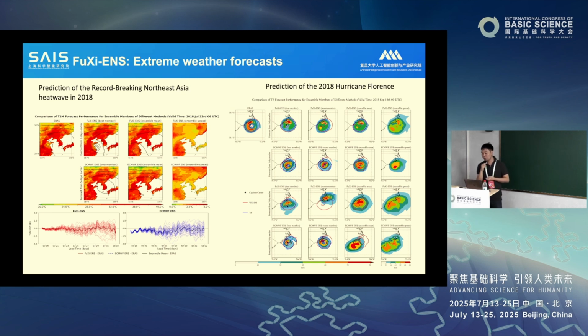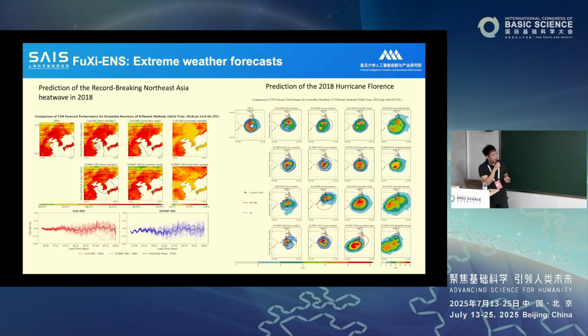For the prediction of the 2018 Hurricane Florence, in terms of spatial pattern, FuXi has a better spatial pattern compared to ECMWF ENS, but it tends to underestimate the precipitation intensity. Here in the contour, the precipitation intensity is much underestimated by the FuXi forecast, but it is overestimated in the ECMWF forecast.